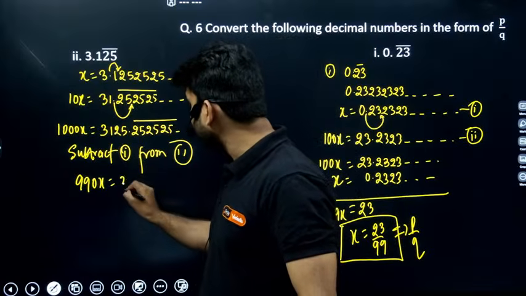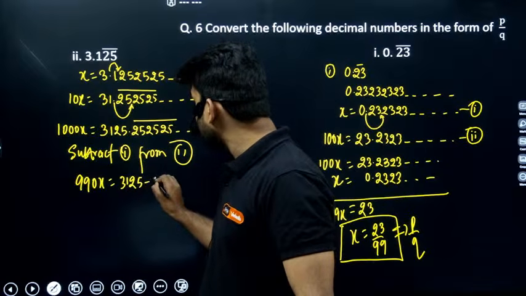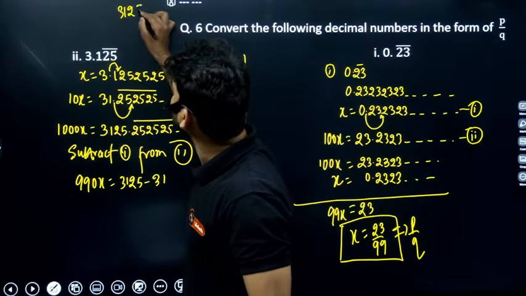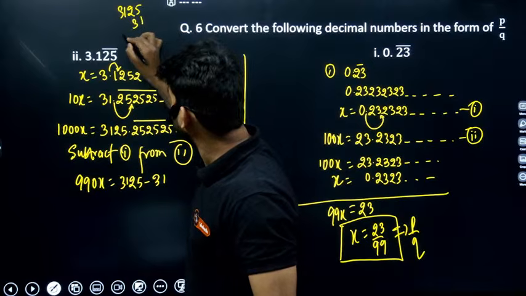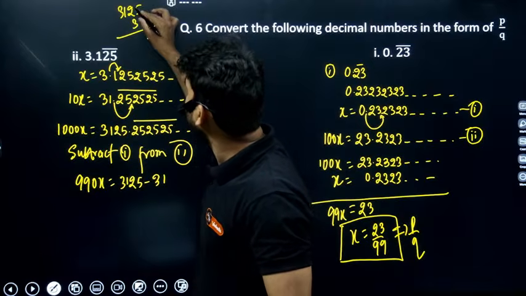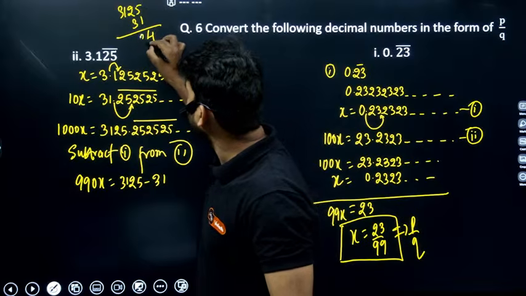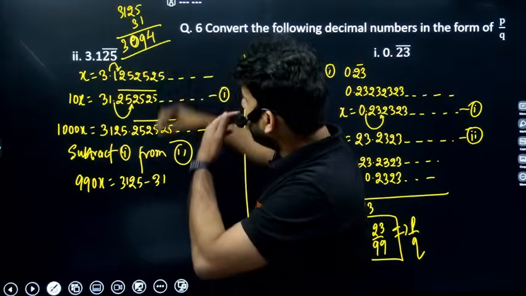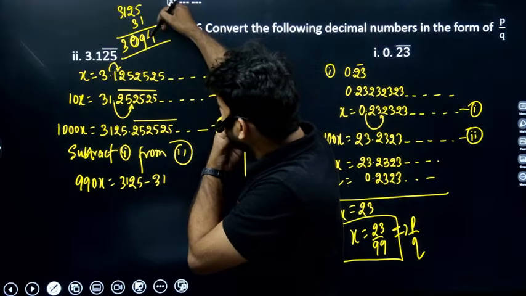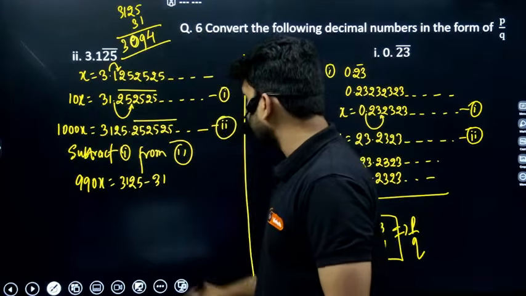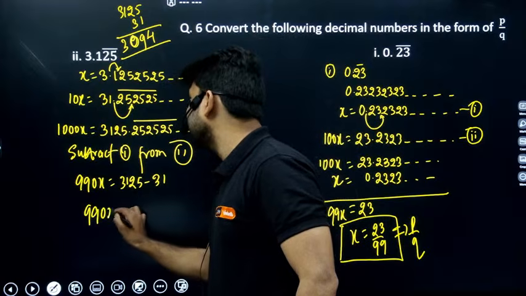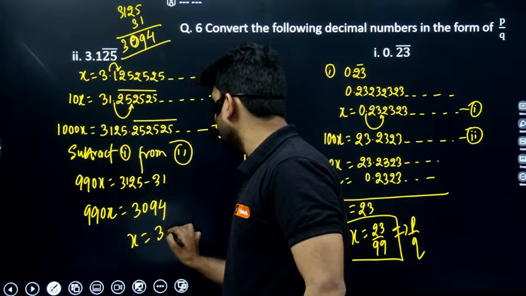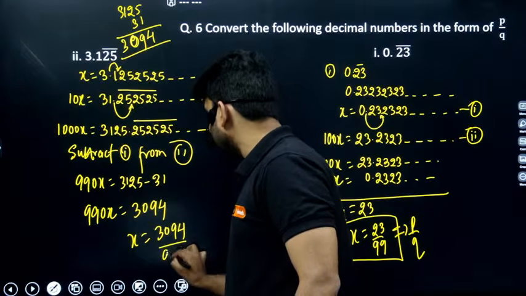And 3125 minus 31, what will be the result, guys? 3125 and this is 31, so this is 4, and we have 2, so 9, and this will be 0, this will be 0, and this is 3. Okay, 5, 4, 1, 5, 9, 3, 12, 2 carry 1, yeah, this is 3094. So 990x is equal to 3094.